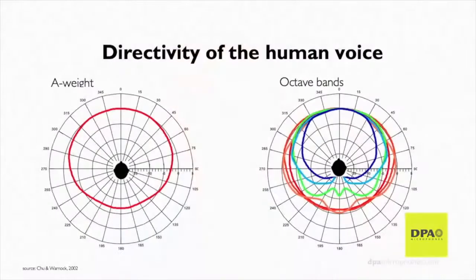Could be a little further, but for this experiment, we were working with 1 meter as a reference all the time. So if you look at the picture on the left, you would see that 1 meter away from this person, we have less level as we go around the person. That's not a surprise for most people.